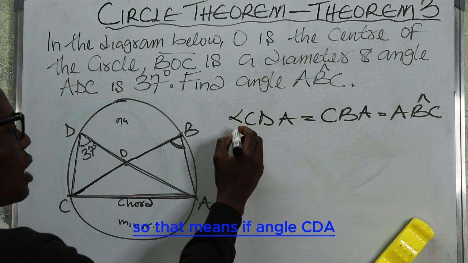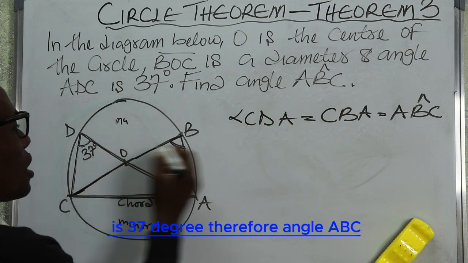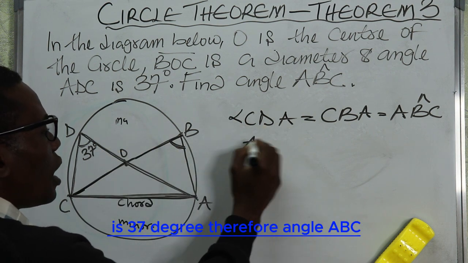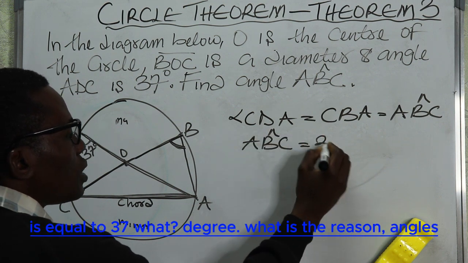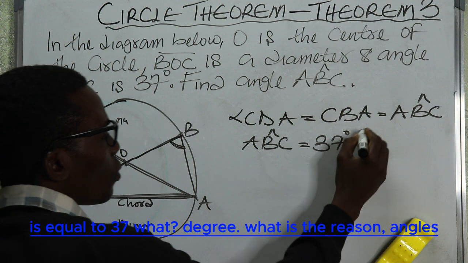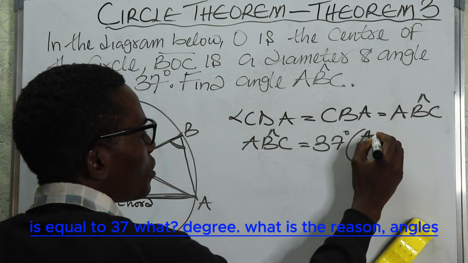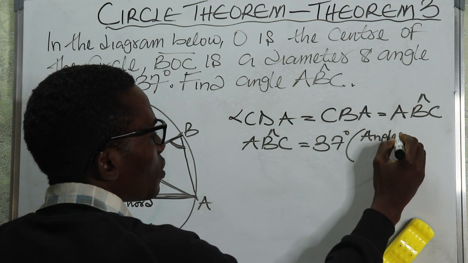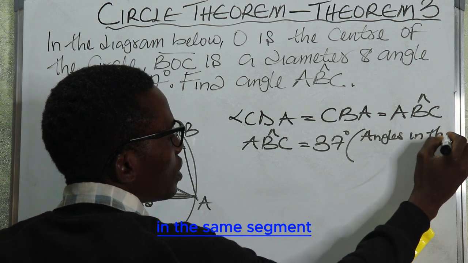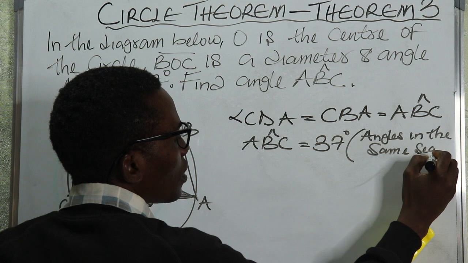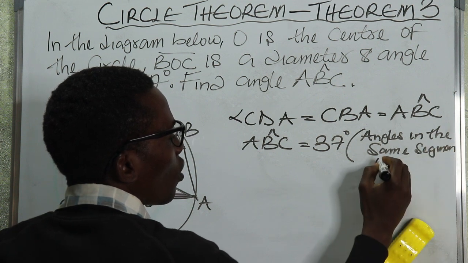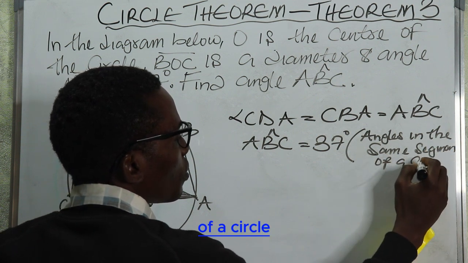So if angle CDA is 37 degrees, therefore angle ABC is equal to 37 degrees. What's the reason? Angles in the same segment of a circle.